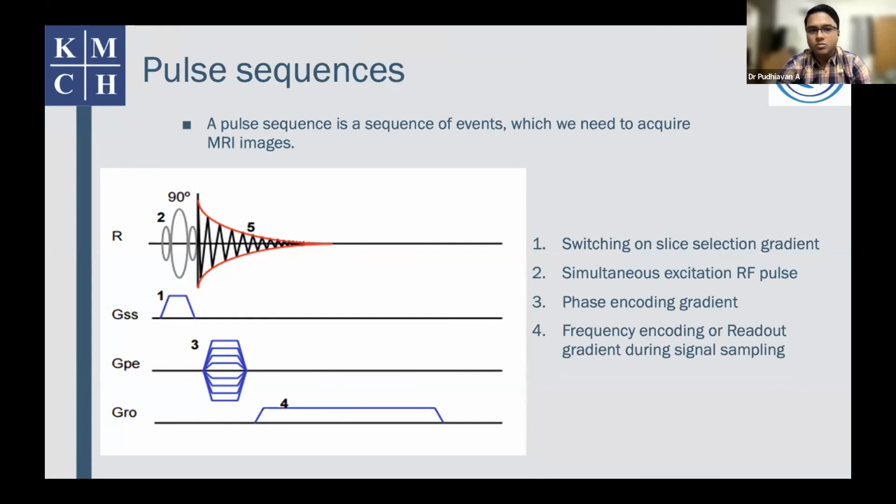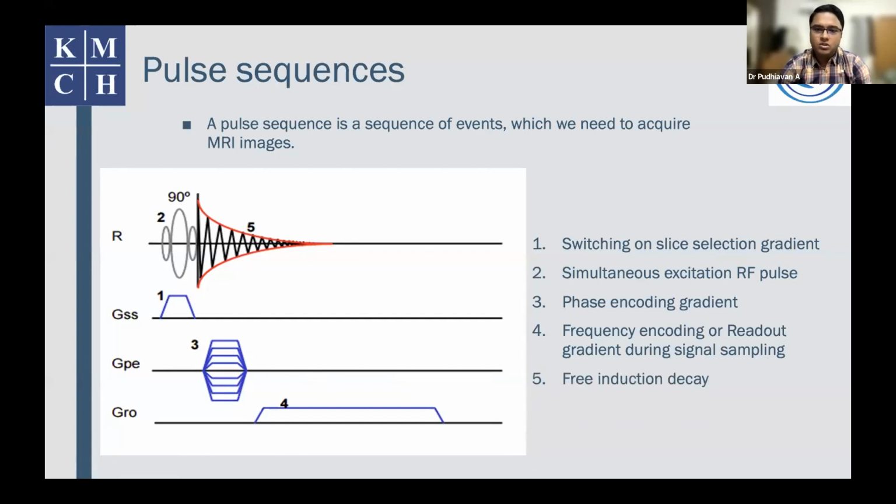So here is the problem that we spoke about. Because of the free induction decay, once we have given the phase encoding gradient and we come to the readout gradient, the signal has already come to a very minimal amplitude. So there is very little signal for us to sample. This results in a very poor quality image because the image is starved of signal because of the T2 decay that happens much faster.